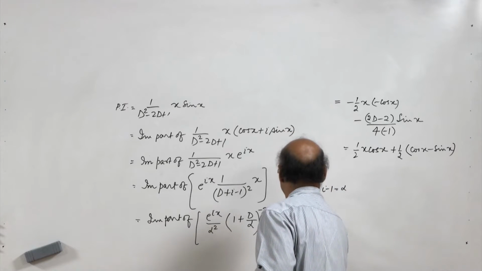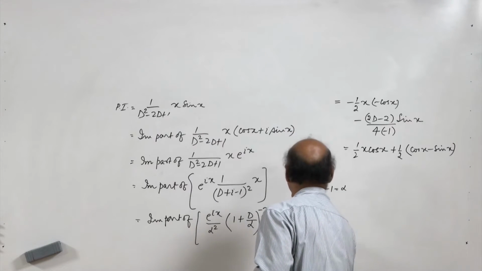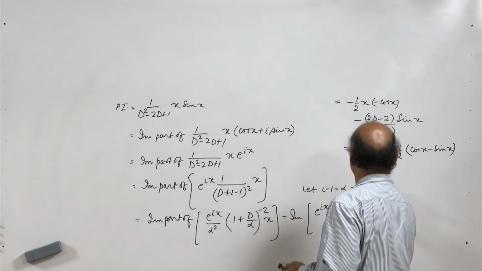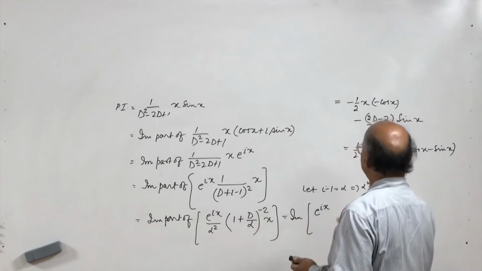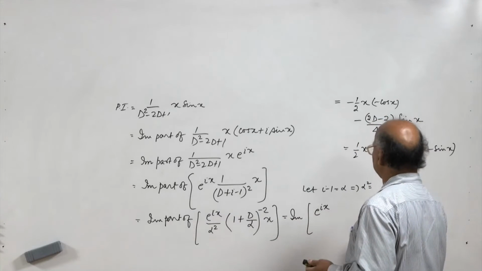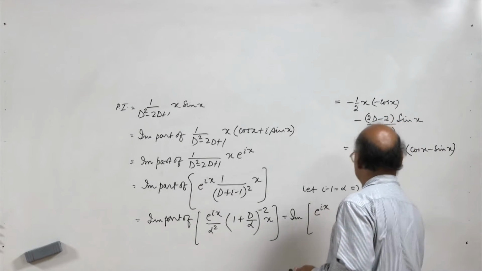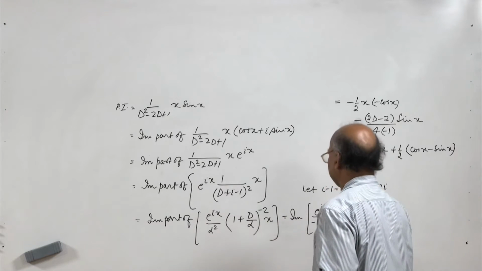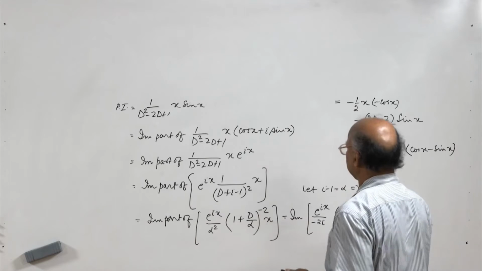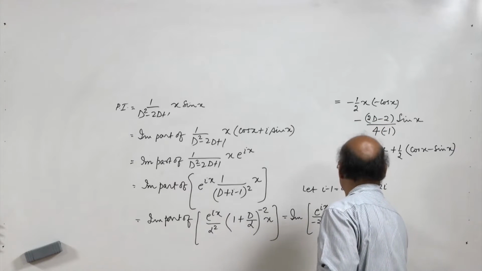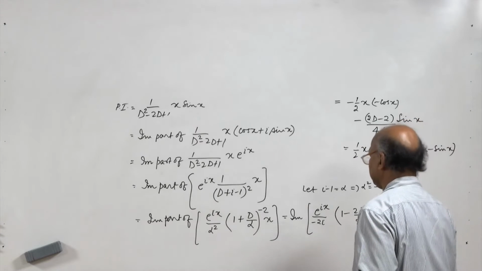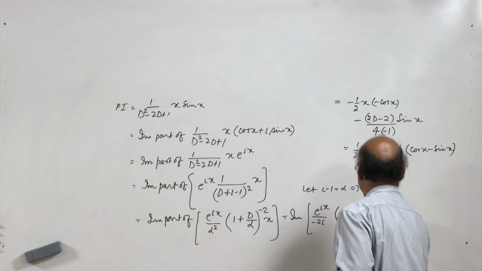So this is the imaginary part of e to the power ix. Alpha squared will be equal to i minus 1 whole square, which is i squared plus 1 minus 2i. So this is minus 2i. So we get e to the power ix over minus 2i, and then 1 plus D by alpha to the power minus 2 will give you 1 minus 2D by alpha. We are not writing higher powers of D operating on x.